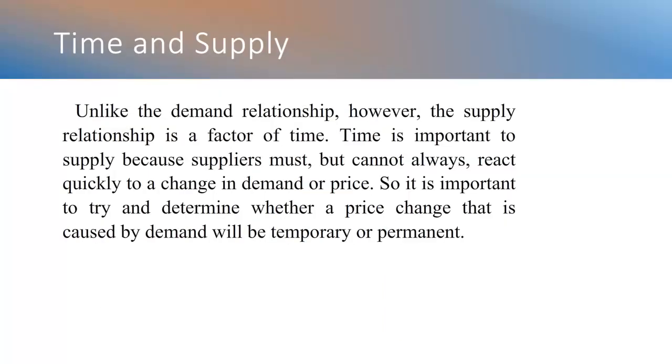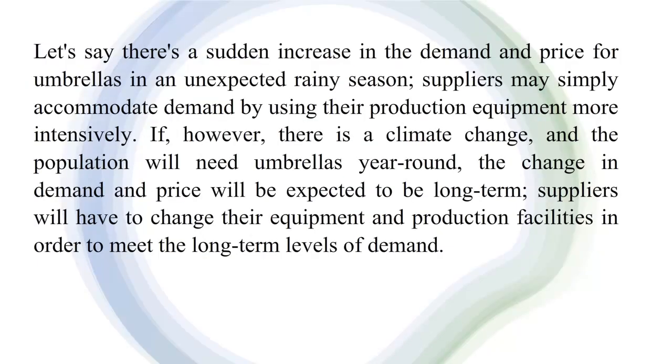Time and supply. Unlike the demand relationship, however, the supply relationship is a factor of time. Time is important to supply because suppliers must, but cannot always, react quickly to a change in demand or price. So it is important to try and determine whether a price change that is caused by demand will be temporary or permanent. Let's say there's a sudden increase in the demand and price for umbrellas in an unexpected rainy season.